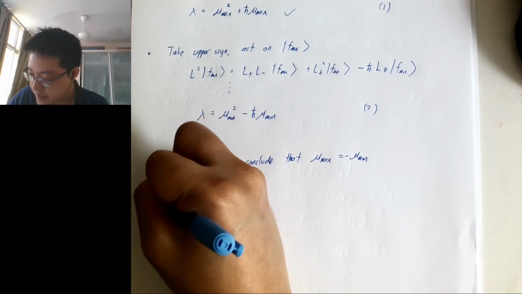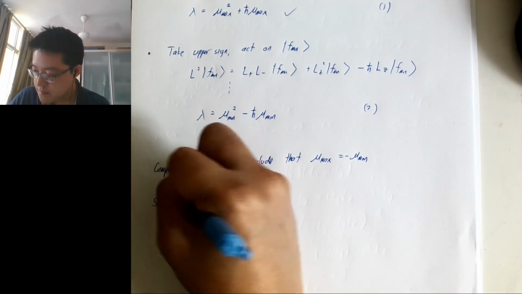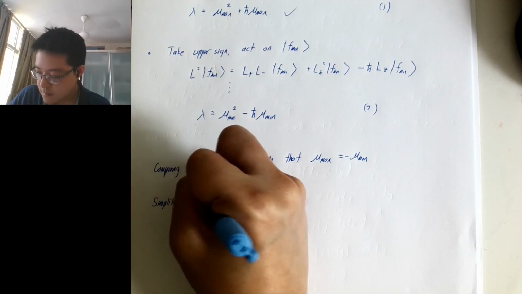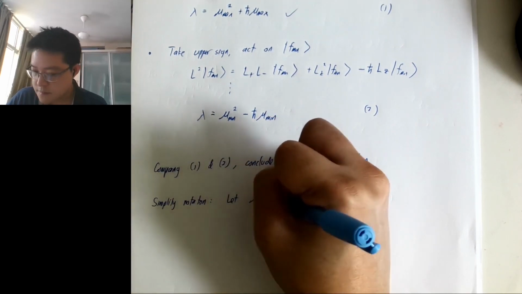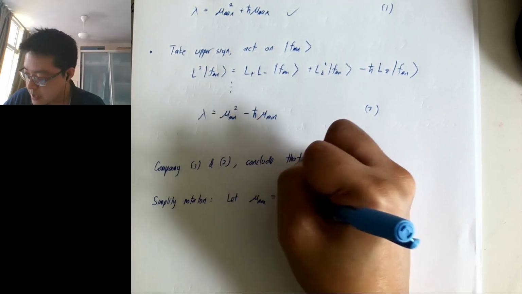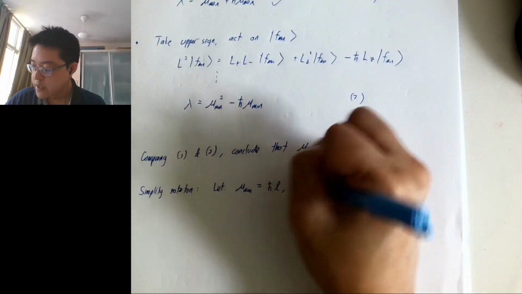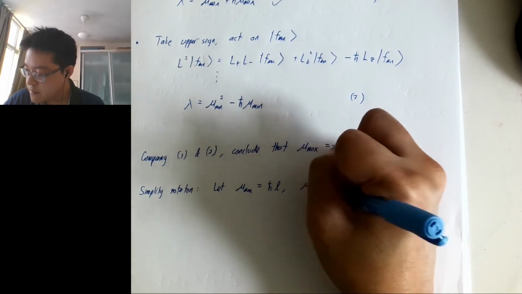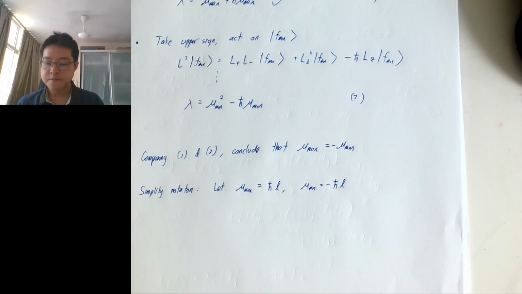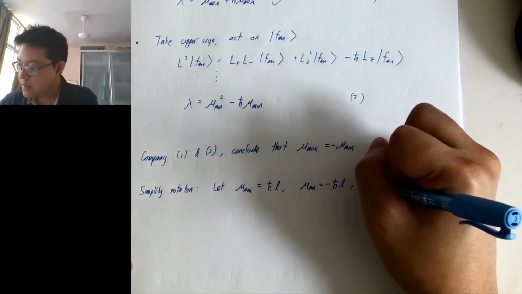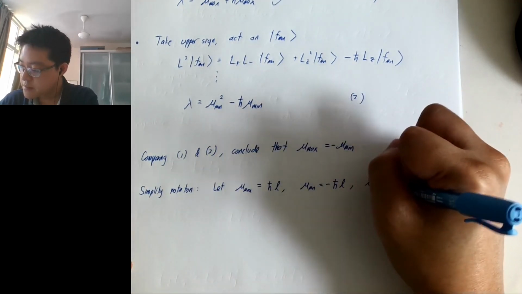So if I simplify the notation, I will let mu max be H bar times L. And therefore mu minimum is negative of mu max, so it's negative H bar times L, such that L is an integer.